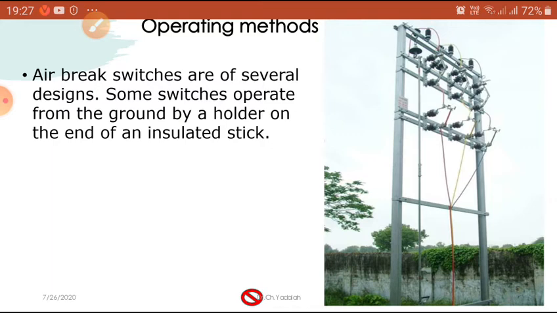Once lengthened, the arc is automatically cooled by the air around it. Once the arc is cooled, it cannot be sustained for a further period and is quenched within seconds. That means the arc cannot be maintained continuously without a minimum temperature. This is one logic you have to remember.